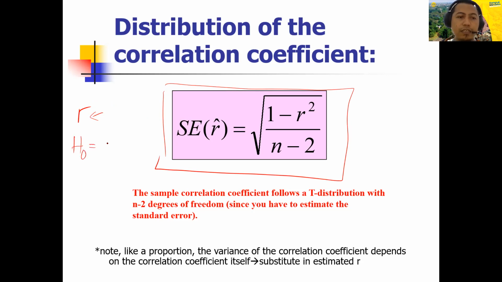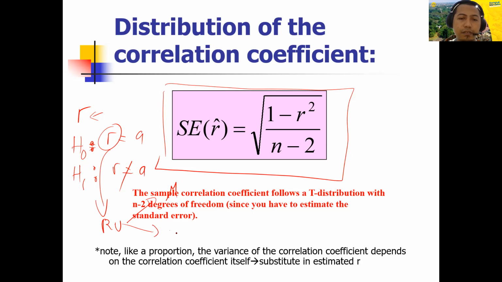Let's say the null hypothesis states the correlation coefficient is some value, let's say R, and the alternative is that it is not R. Since this is a random variable, we can say it has a mean mu and a standard deviation.